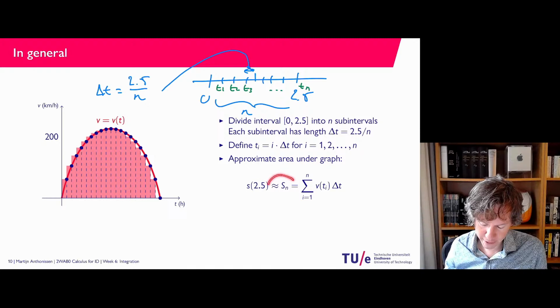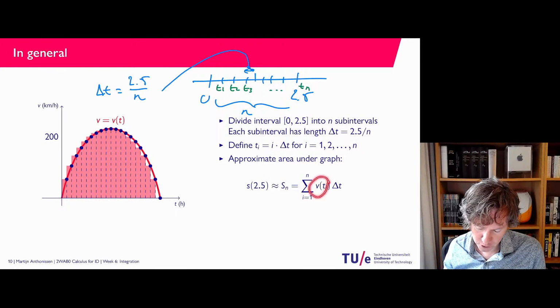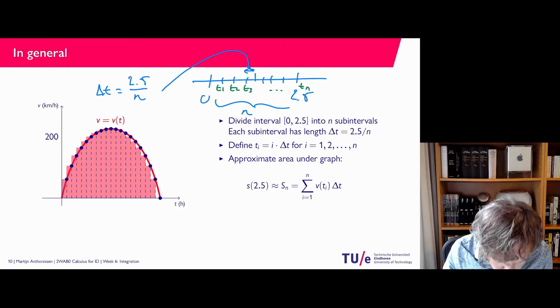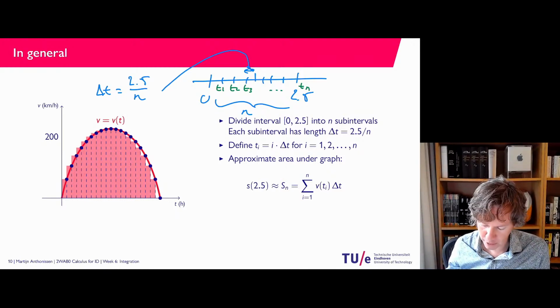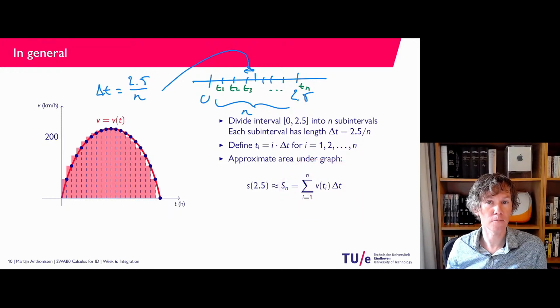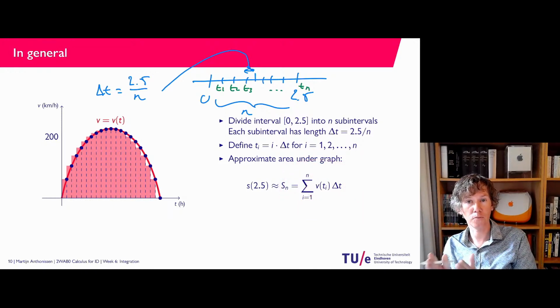So we call that Sn, so that's the sum of those n bits, which is v(ti) times delta t. So basically it is the area of one of these rectangles that you have here. So if I take one of these very slim rectangles, then one of them has this area, and we're going to sum them all together, and that is the big sigma notation. Take all these rectangles, all these sub areas.